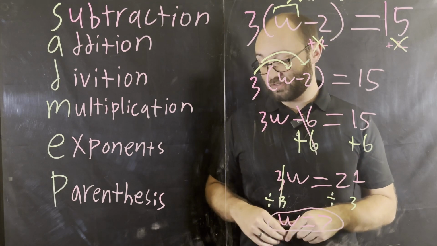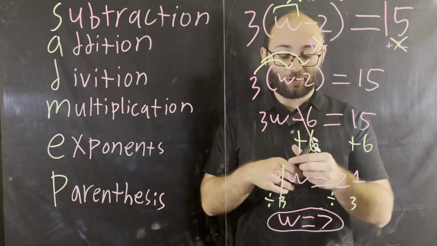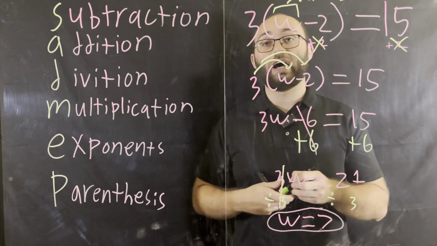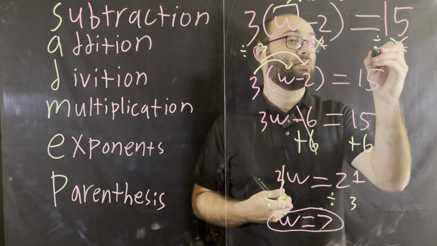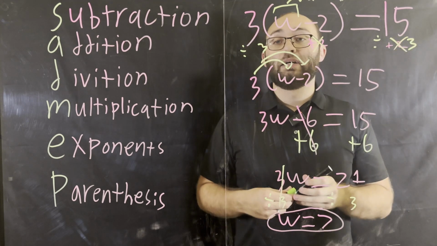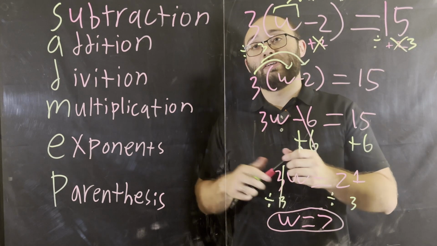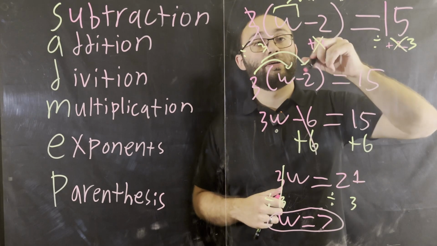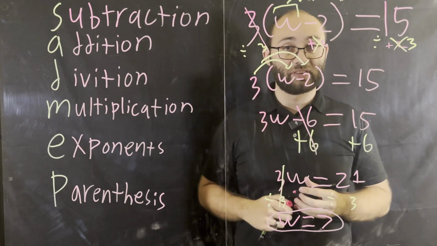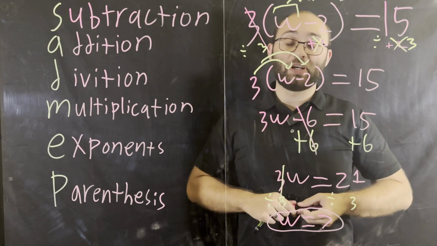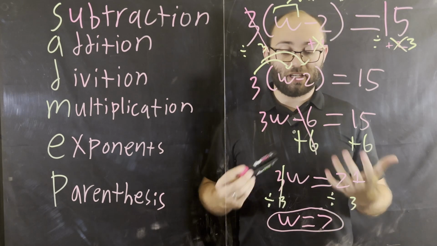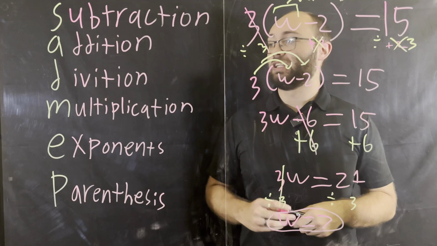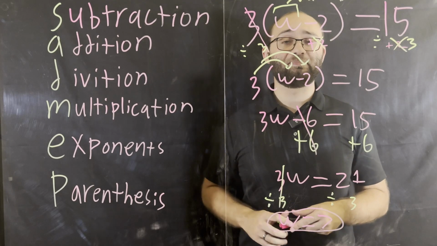Another way that you could have done it, besides distributing the 3 through, is you also could have divided both sides by 3 at the start. What that would have done is that these 3's would have canceled out, and that would have let us drop the parentheses. So there's 2 different ways you could have gone about this. Once again, this was kind of an example of when you need to be careful about using SADMEP.